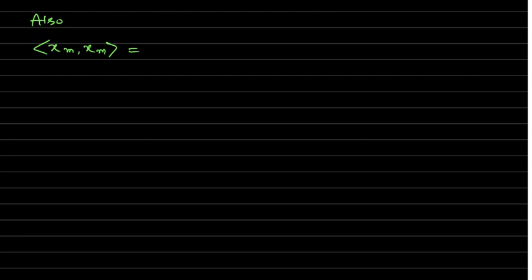It is the summation, n runs from 1 to m, of x un un, and the second vector is the same, summation n runs from 1 to m of x un un, right? These two.